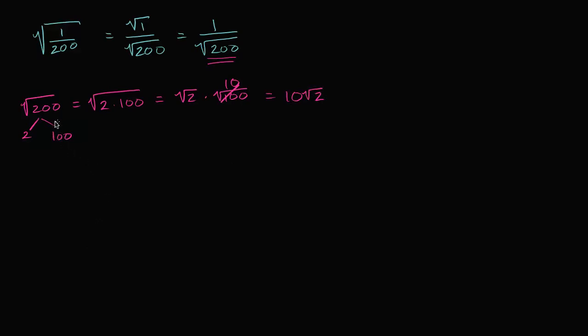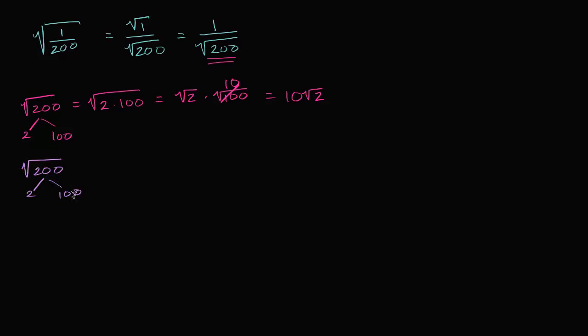But if it didn't jump out at you immediately that you have this large perfect square that is a factor of 200, you could just start with small numbers. You could say that the square root of 200 is divisible by 2, so it's 2 times 100.